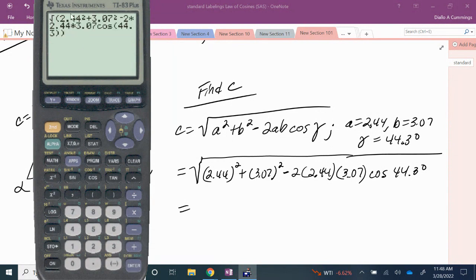And let me check what I have. Let me just put that in again.